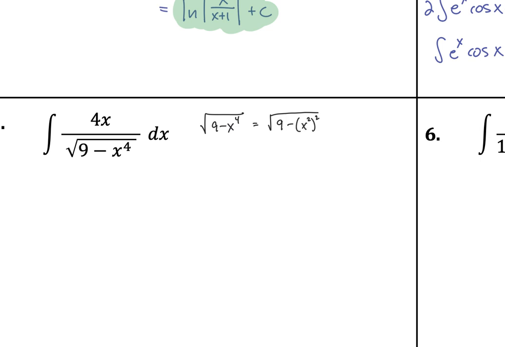Okay, so we have 9 minus something squared, but we need 1 minus something squared. So we can factor out a 9. That makes sense. If you distribute the 9 to both of these, you get back that.